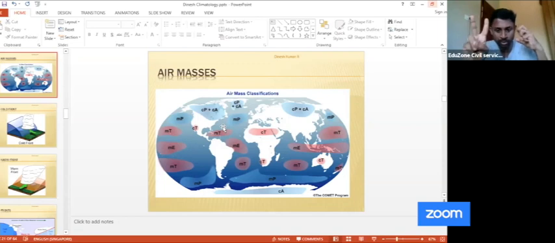So we have two types of front. In a cold front, the cold air mass is more actively moving and hitting the warm air mass. In a warm front, the warm air mass is more actively moving towards the cold air mass and hitting it. Clear? These are two types of fronts. Now, what are the differences among these types? Let's understand it with this slide.